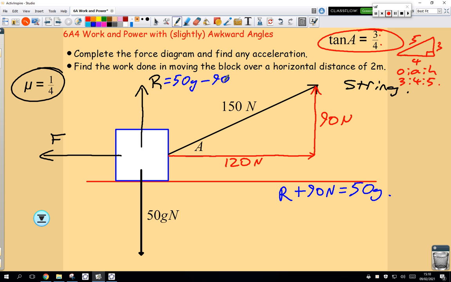My friction force, well, again, I have to think about my maximum friction. The maximum value friction can be, what is it? I'll just narrow my pen a little bit for space saving purposes. Well, the maximum friction force we can apply is going to be 1/4 times 50 g minus 90. So that's going to be 25 g over 2 minus 45 over 2.